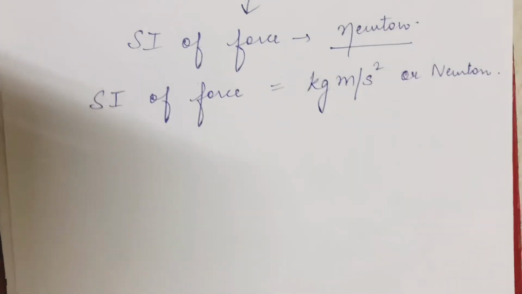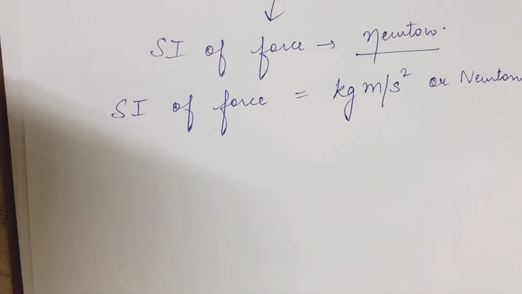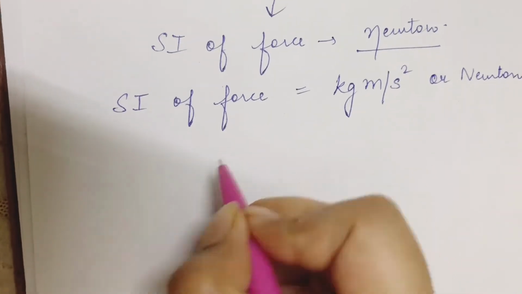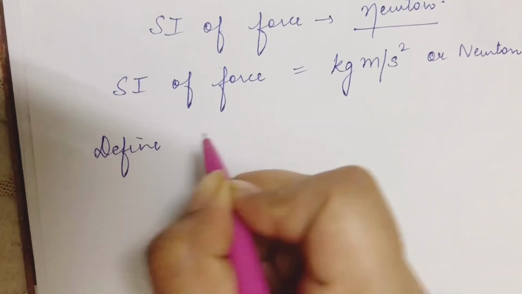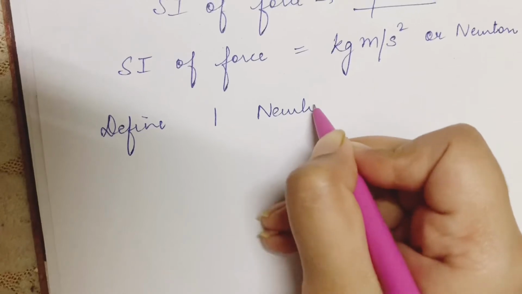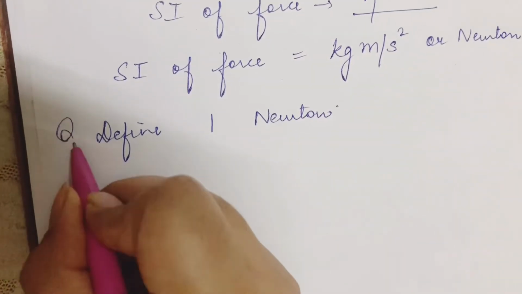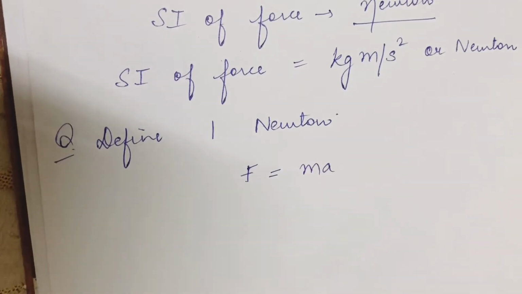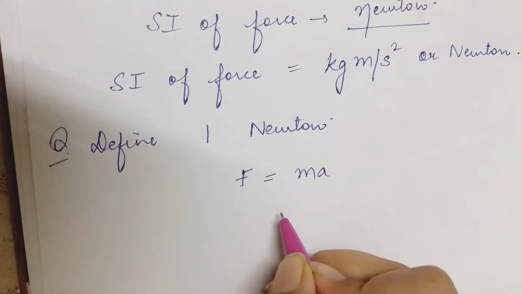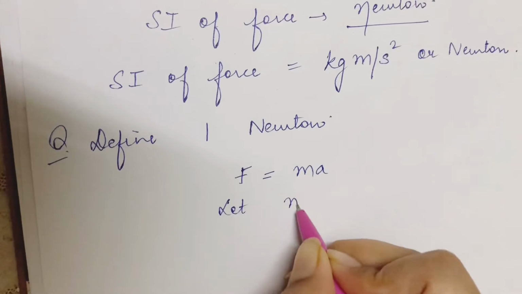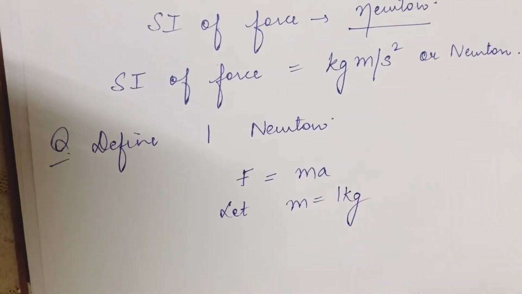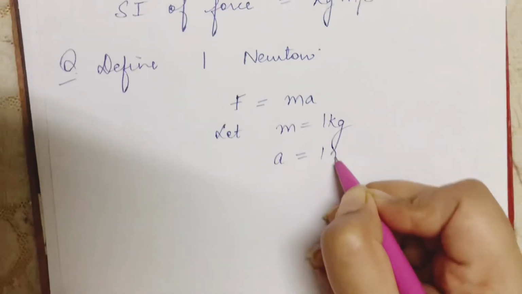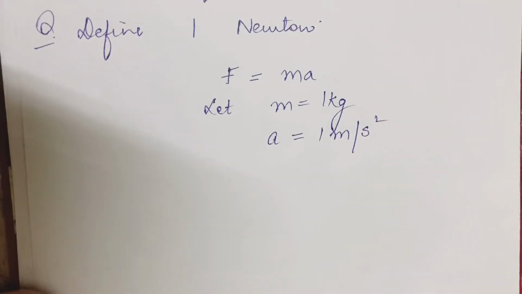Now there is one important article: define 1 Newton. We discovered right now that force is equivalent to mass into acceleration. Let me take mass equal to 1 kg and acceleration equal to 1 meter per second square.